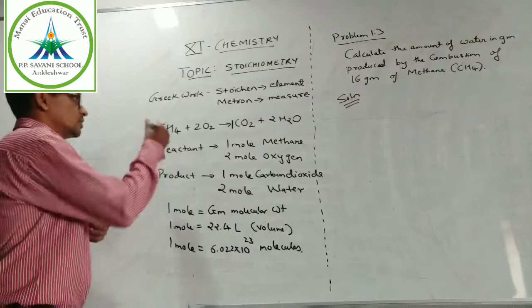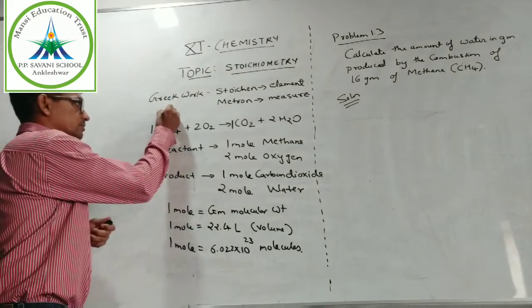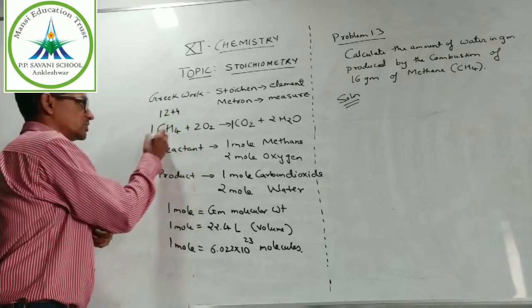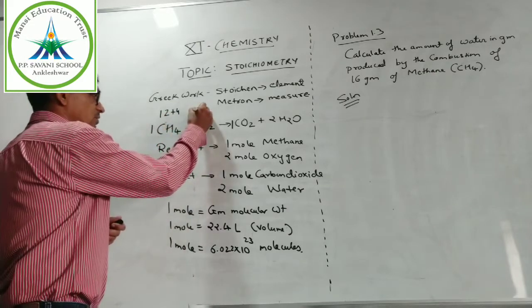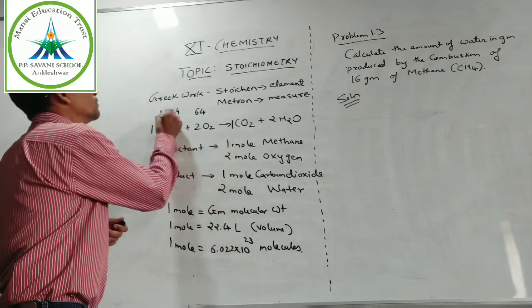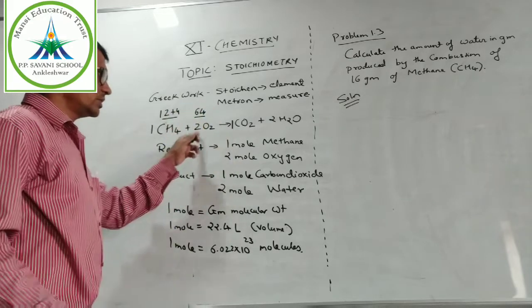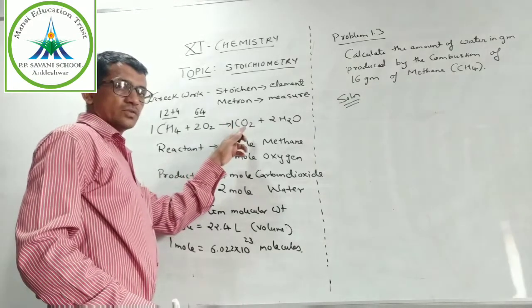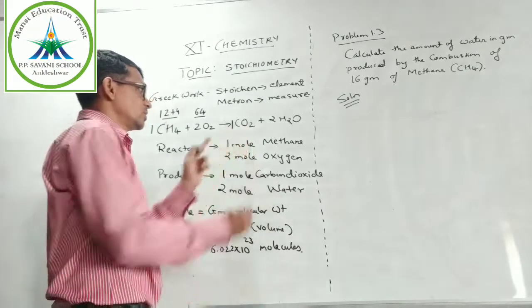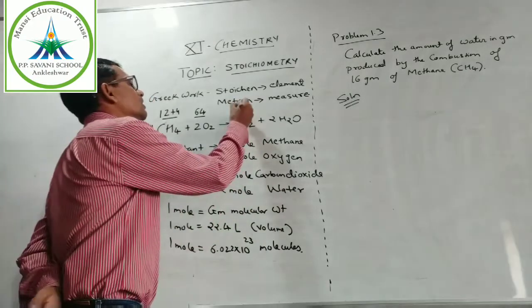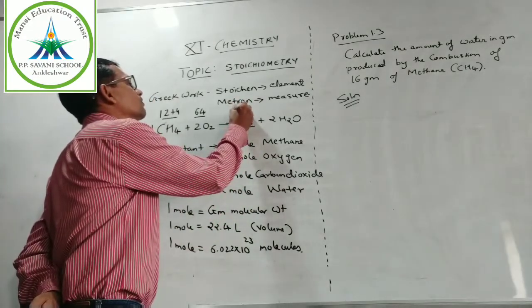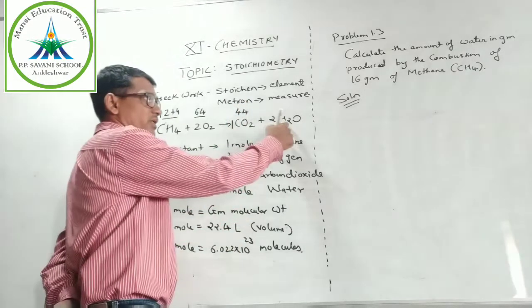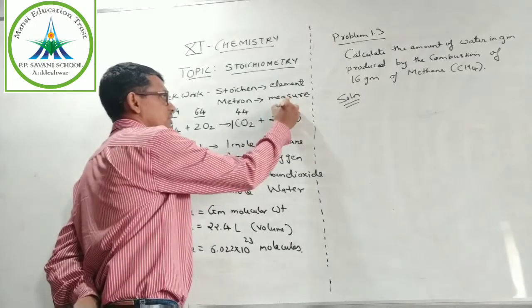Carbon 12 plus 4, so 16 gram of methane reacts with 64 gram of oxygen to produce CO2: carbon 12, oxygen 16 and 16, 32, so 12 plus 32 is 44. Water has molecular weight 18 and here it is 2 moles, so 36.